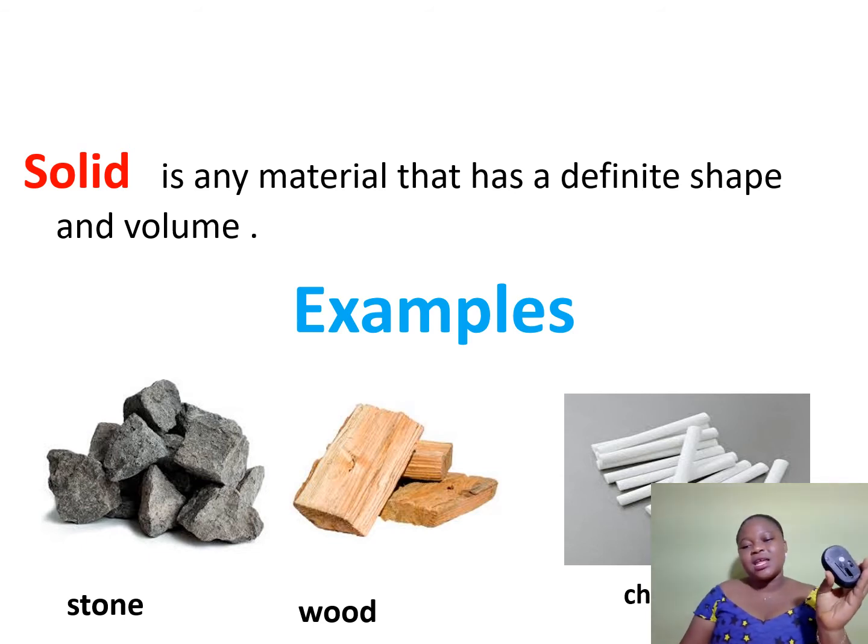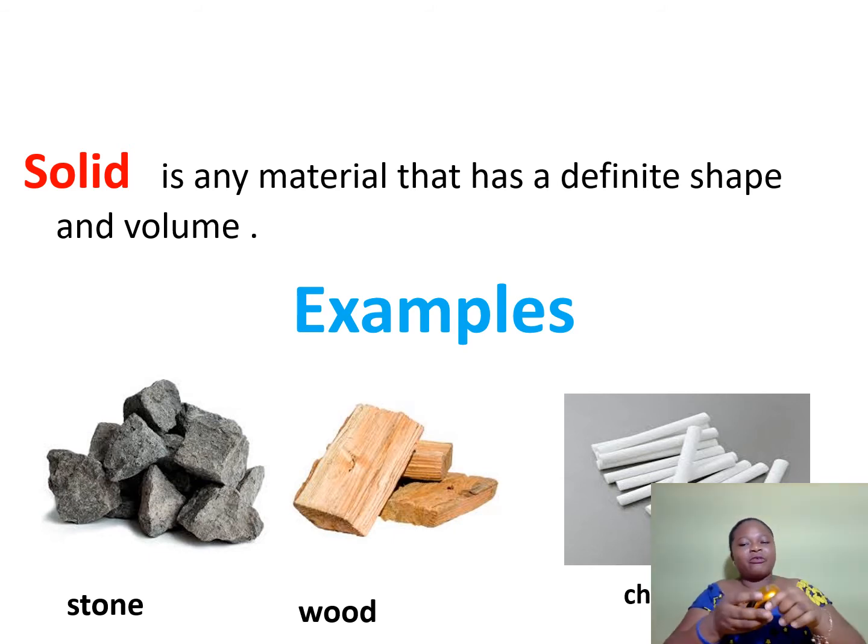I have something here. What is this? It is a mouse, okay? A computer mouse. Is it solid or liquid? I've attached it to my skin. Am I wet? No. So this is solid. So example 1 is stone. 2, wood.